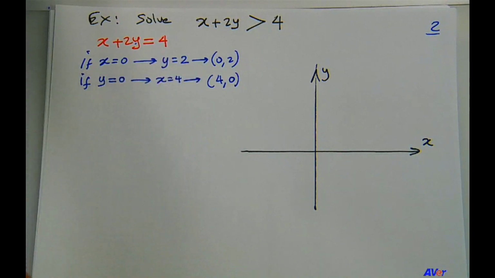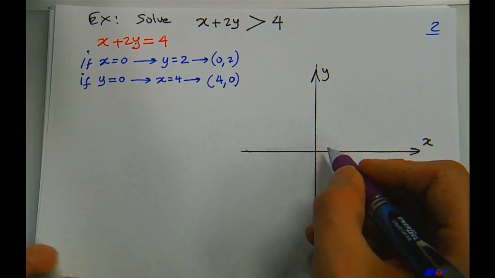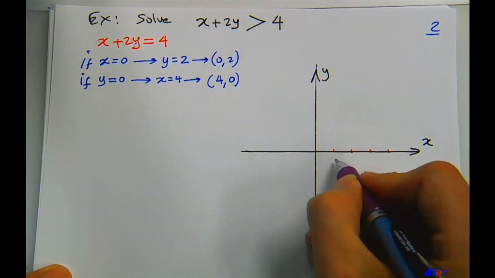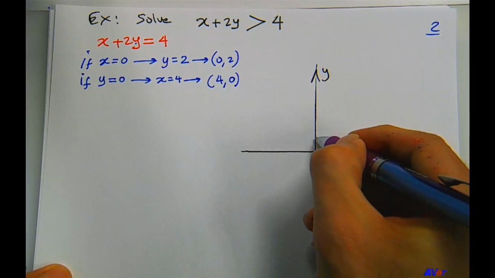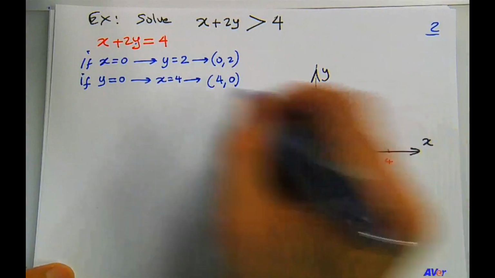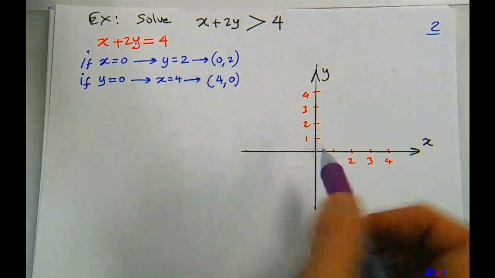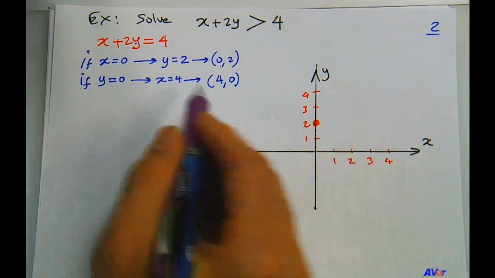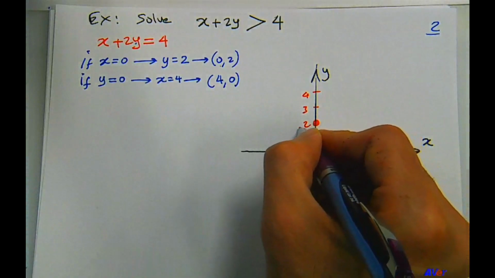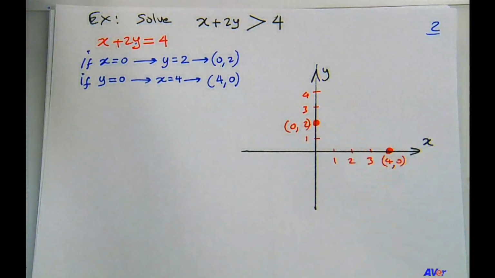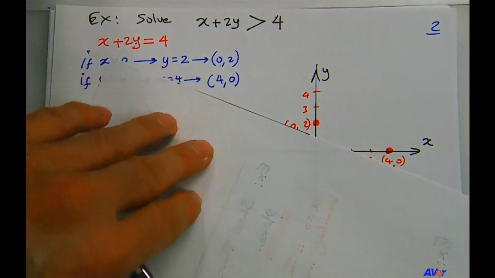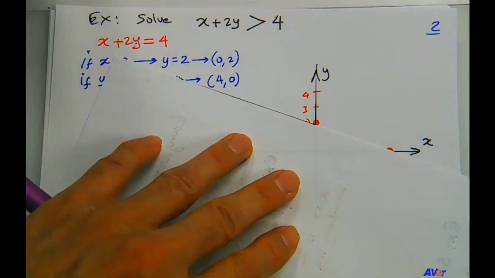These are nice, easy, small numbers, so I'm going to make my increments a little bit large: 1, 2, 3, 4, and then 1, 2, 3, 4. One of the points, the y-intercept, is (0, 2). (4, 0) is that. Now we can simply draw a line right through those 2 points. That will be the boundary line.